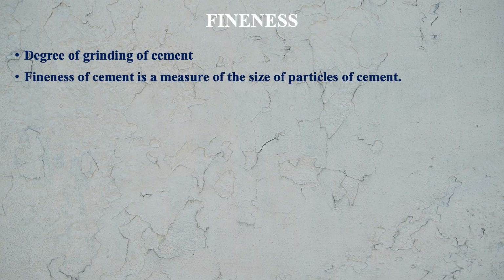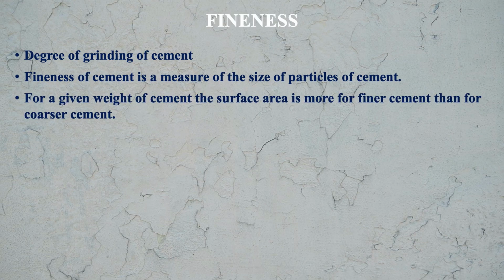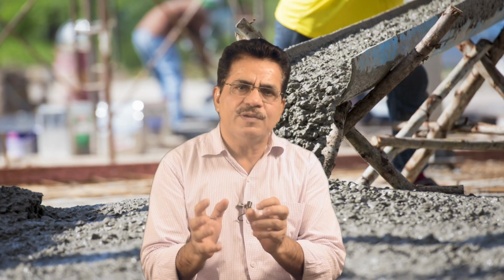Fineness of cement is a measure of the size of particles of cement. For a given weight of cement, the surface area is more for finer cement than for coarser cement. It means fine cement will have more surface area, and coarse particles will have less surface area.